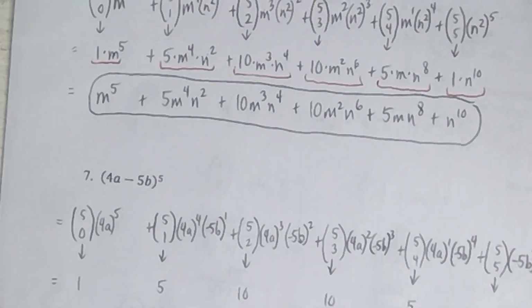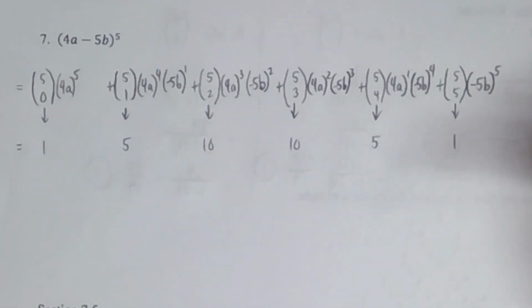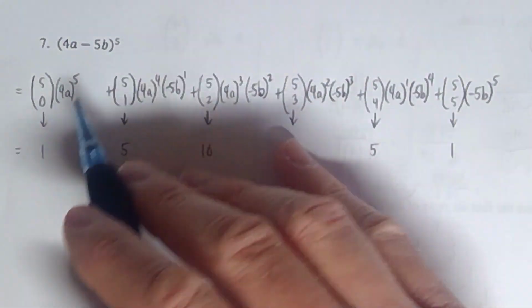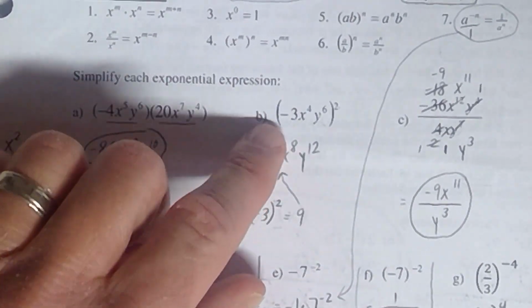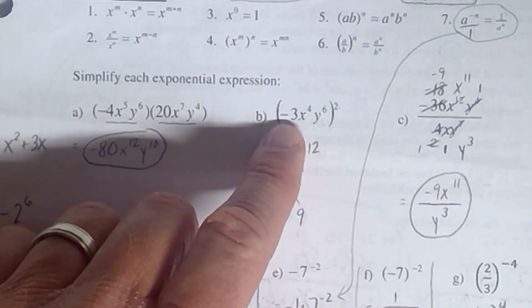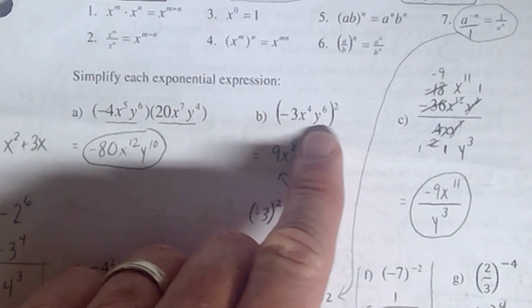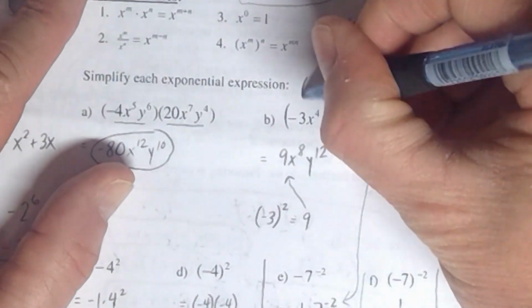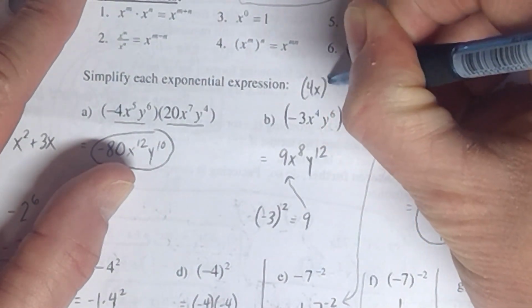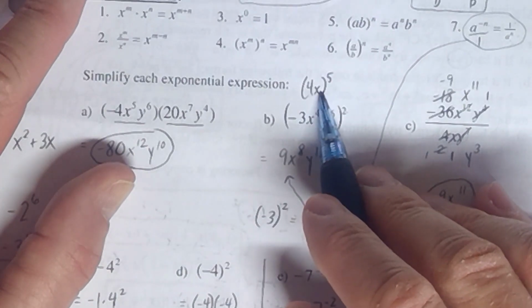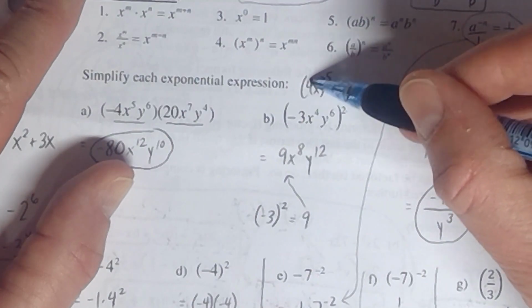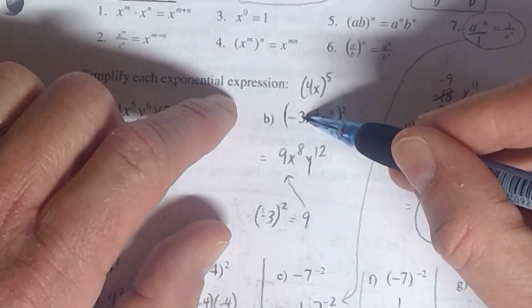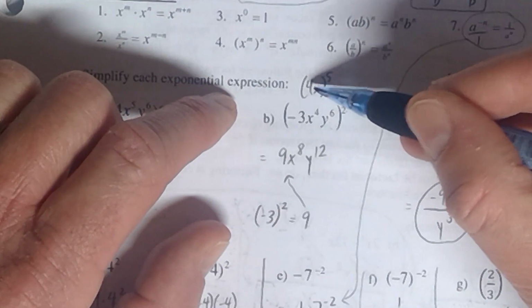Now the numbers are going to get kind of big here. Okay, be patient here. Use your calculator if need be. 4a to the 5th. Remember, when you have a coefficient that goes with your single term inside the bracket, not just x, then just like we do with the negative 3 here, we need to do the same thing with 4.